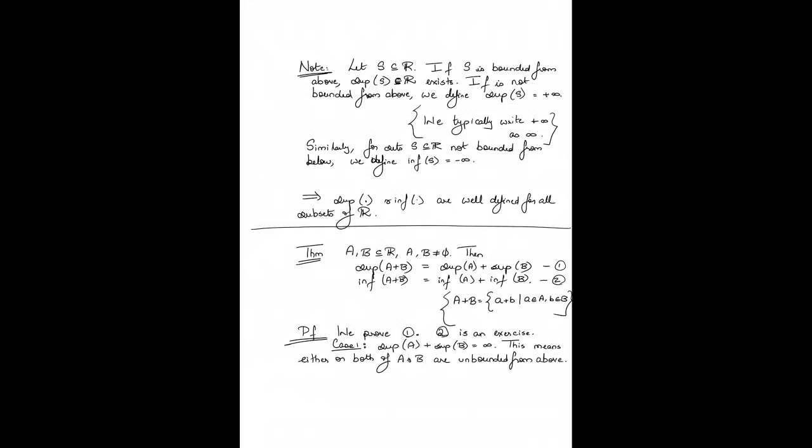So the only way sup A plus sup B can be infinity is if one of sup A or sup B is infinity, which implies that at least one of the sets A and B should be unbounded from above. Now, if one or both of the sets A and B is unbounded from above, it's not difficult for you to see, and again I am going to ask you to convince yourself of this, that the set A plus B is also unbounded from above.